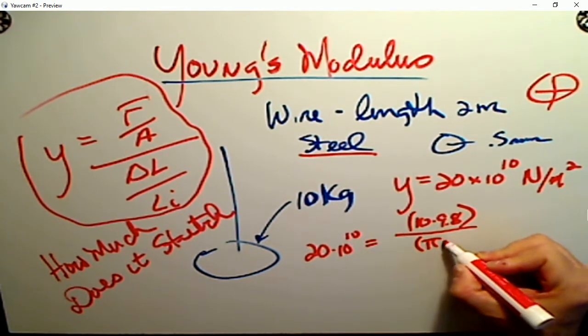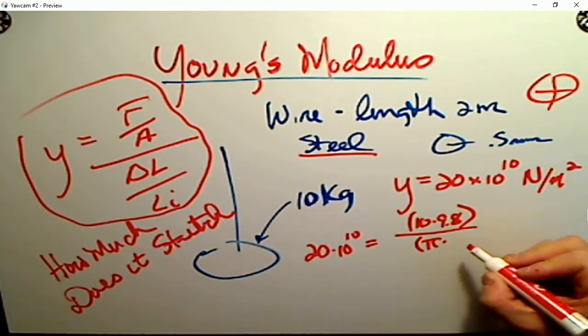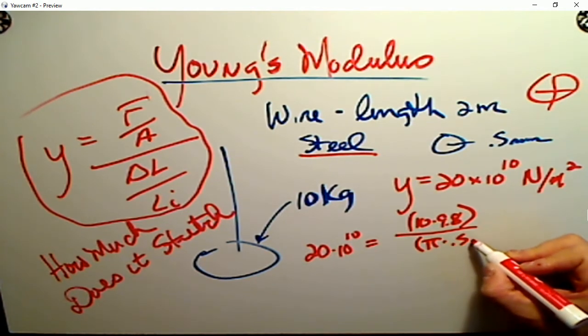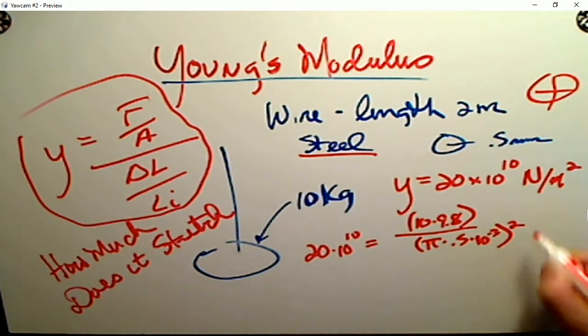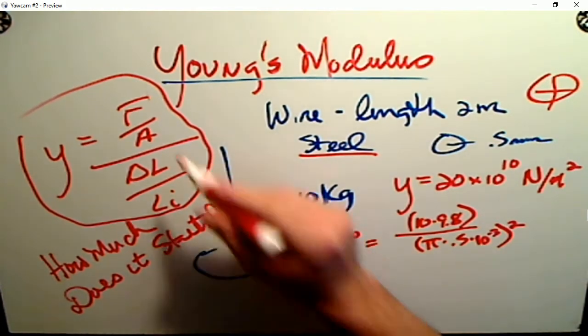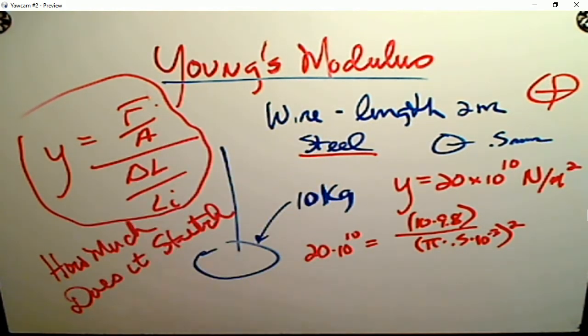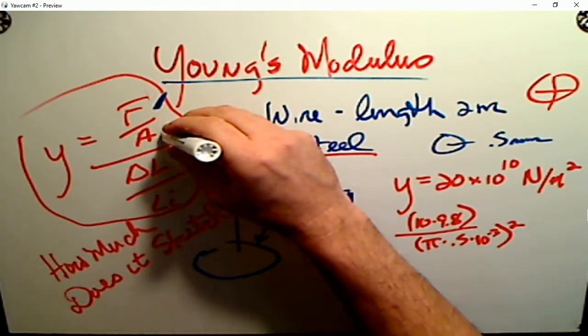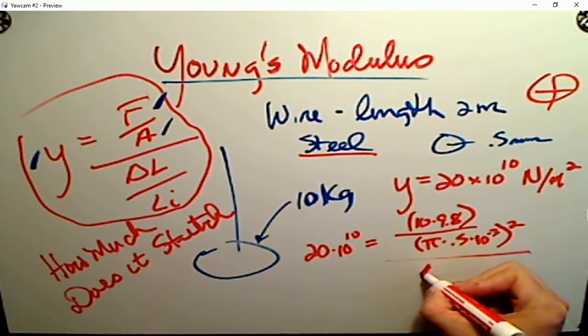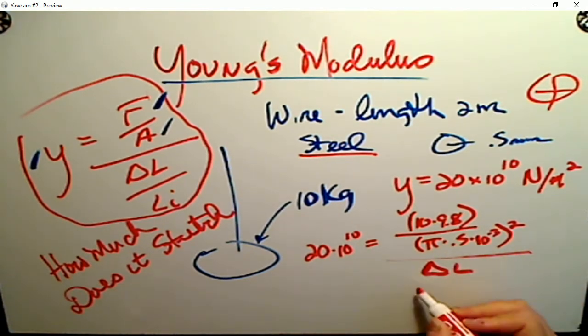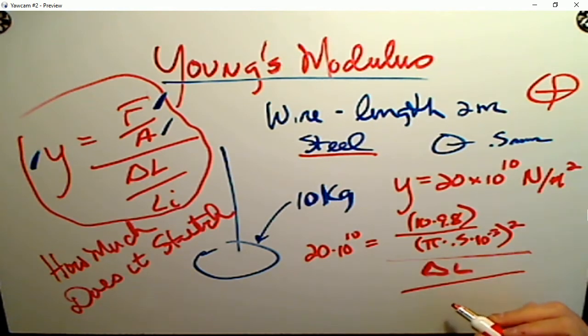Pi times the radius, which is 0.5 times 10 to the negative 3 squared. So that takes care of the force for a particular area. We know the Young's modulus. We put that in there. Change of length for the given length of 2 meters.